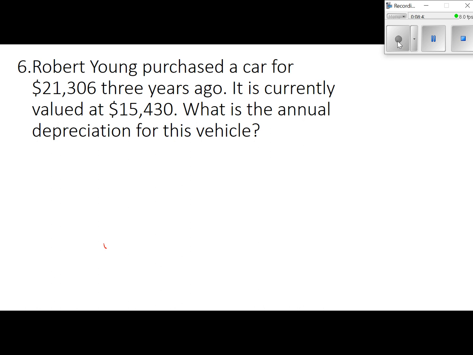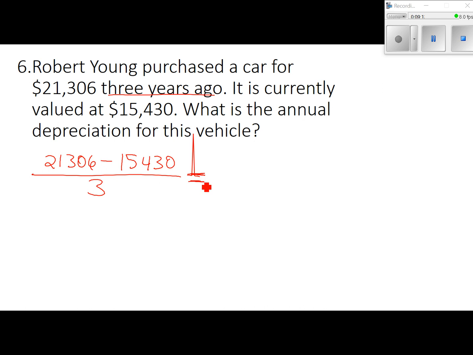All we're going to do to find that annual depreciation is take 21,306 and subtract off what it's valued at now, which is 15,430. And once we get that answer, we're going to divide it by how many years he's owned the car, which they told us is 3 years, so we're going to divide it by 3.